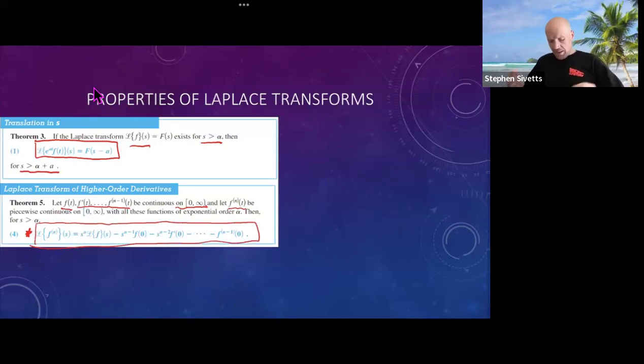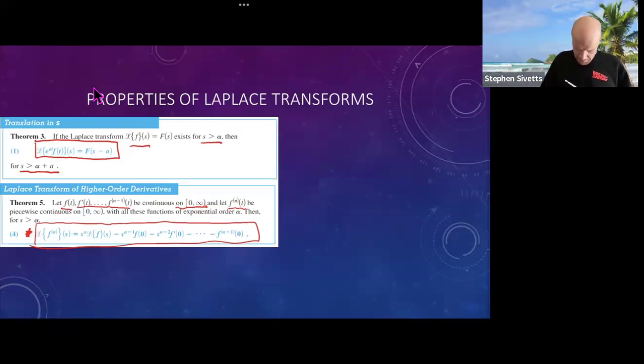I will show you in action how this is applied in solving any order differential equation. The whole goal is transforming an nth order differential equation into, in this case, an n degree polynomial in s, which is easier to solve, hopefully.